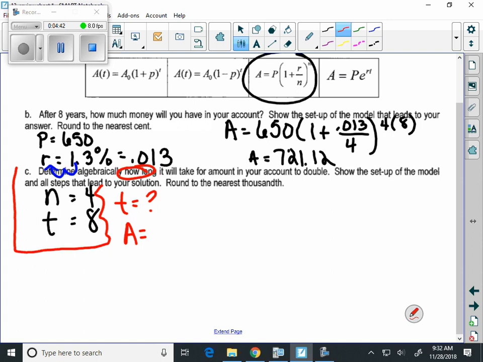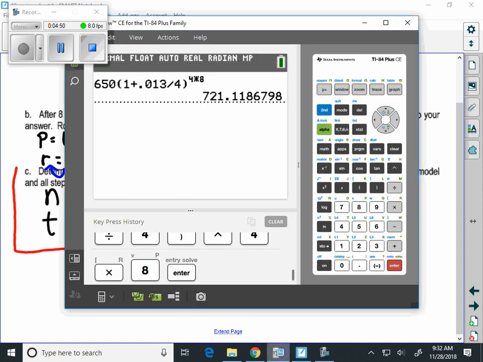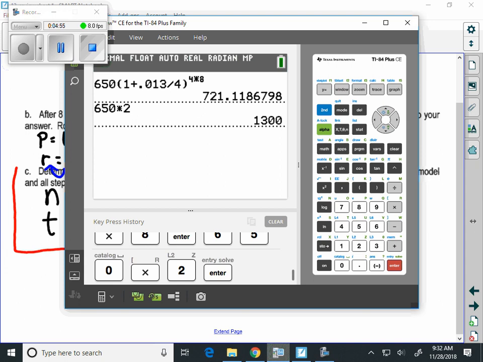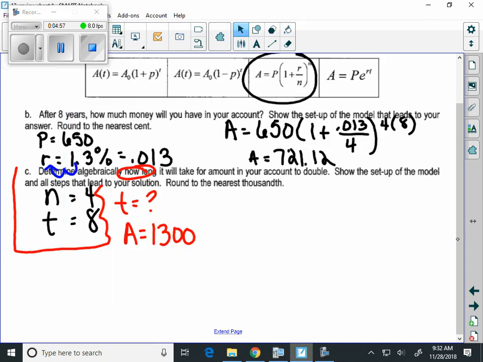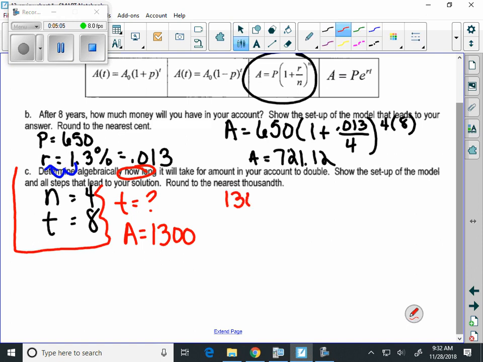Well, what's $650 doubled? It's $1,300. If you don't know that, just take 650 times 2. And we're going to fill in what we know back into the same formula. This time it's 1,300 equals 650 times 1 plus 0.013 divided by 4, to the 4t.